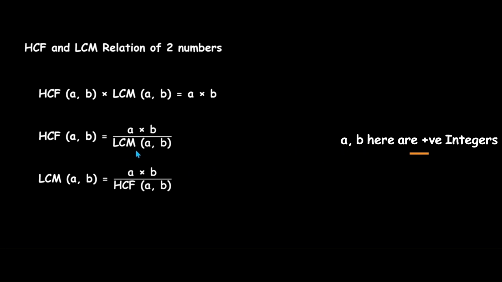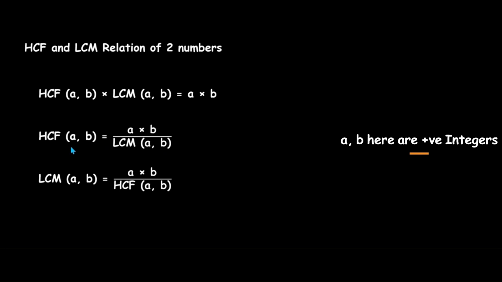So LCM of co-prime numbers, which we just saw a few moments ago, is equal to the product of those two numbers. So it would be A times B or A into B. So A into B divided by A into B will give us 1, which is nothing but HCF.